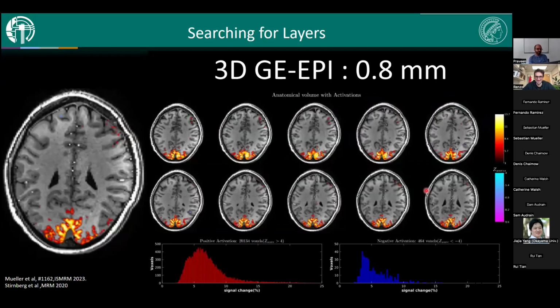And a few more things. Just to give you an idea about how gradient echo EPI looks at 9 Tesla. This is 0.8 millimeter segmented EPI from 2D, optimized by our colleague. It's a single run, 5 minutes, I think, and you get a very nice, robust activation. As you can see from the signal change histogram, the median is around 7-8%.